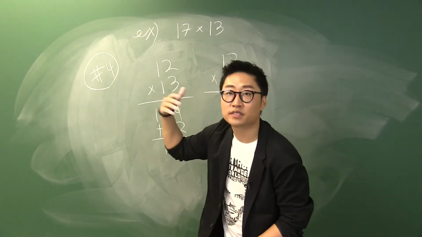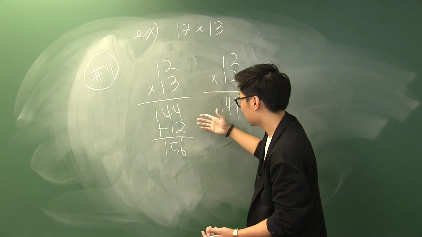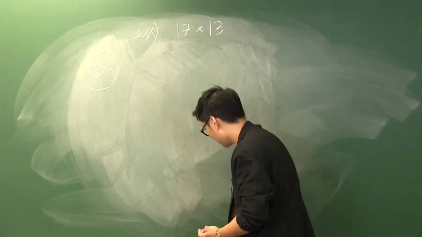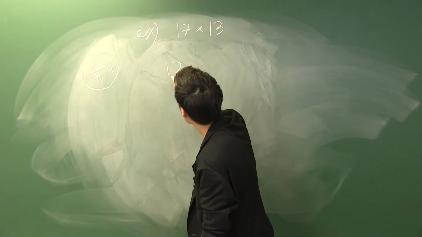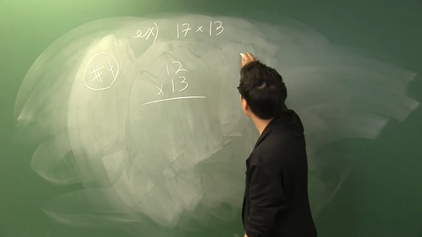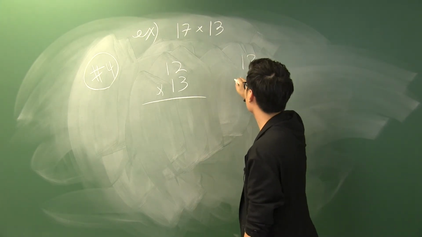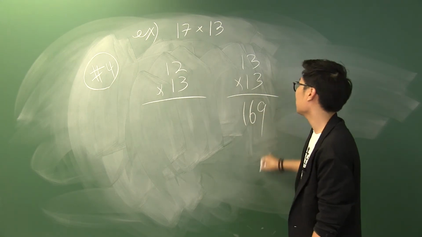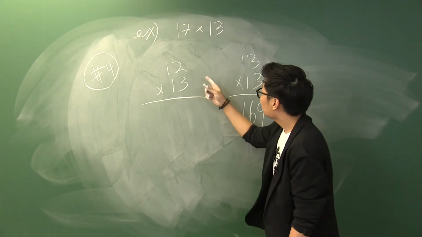Now there's an opposite way. This is one way to go about it. Let's think about the opposite way. Let's take the same exact example and compare it to 13 times 13. 13 times 13, we know that, 169. We just have it on top of our head. Check this out.